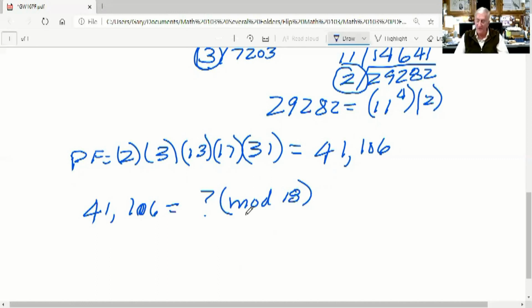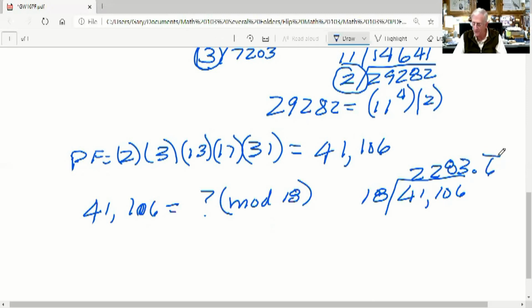Well, I have to divide that by 18, right? I have to divide it by 18, so let's do her. So if I take 41,106 and I divide it by 18, what do I get? So I get divided by 18, because that's my mod number, and I get 2283, and I get 0.6 bar, it looks like, on the end.